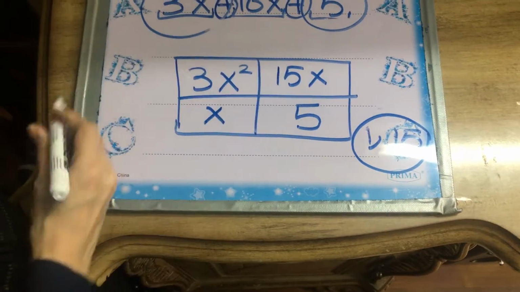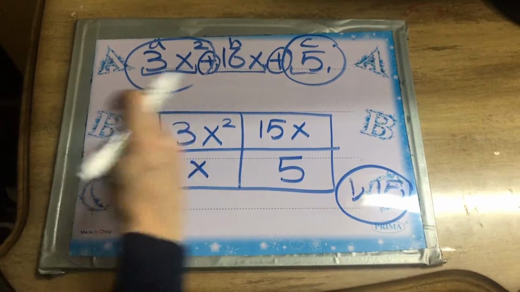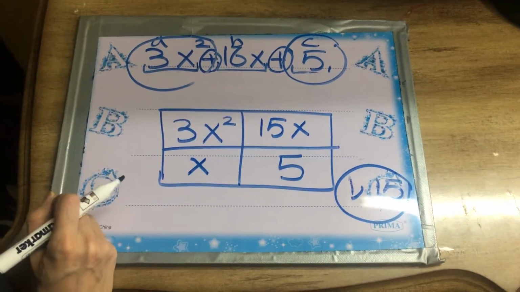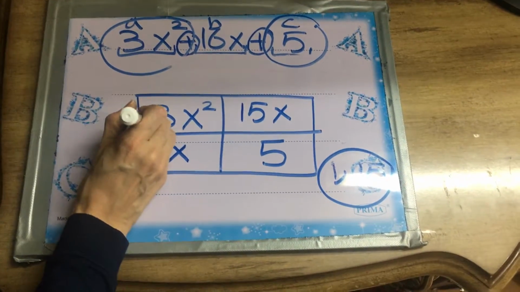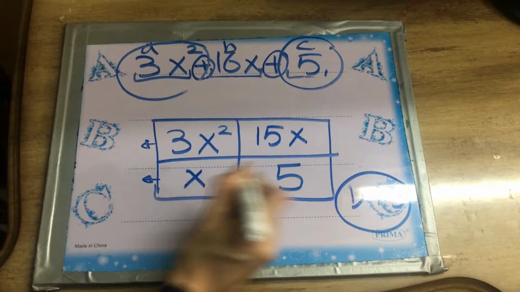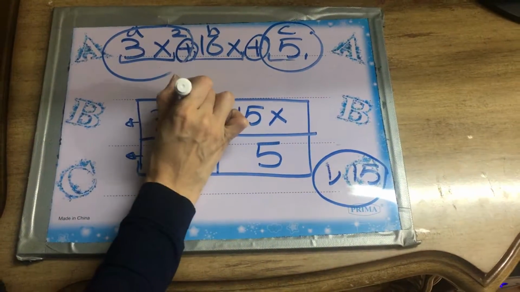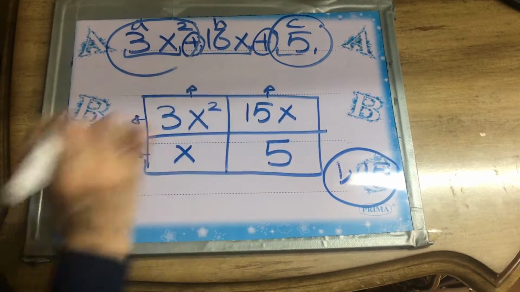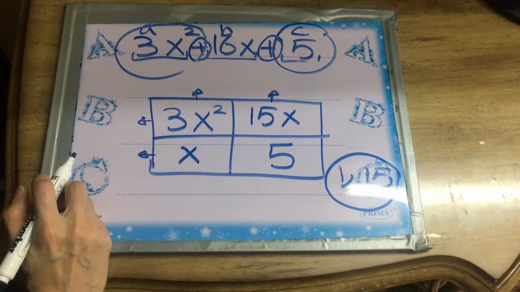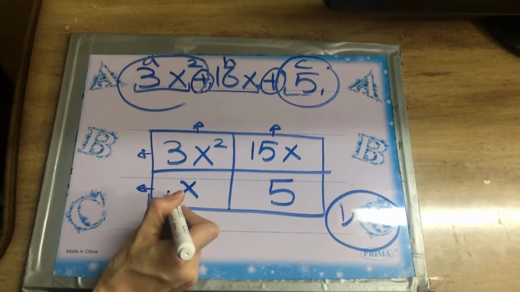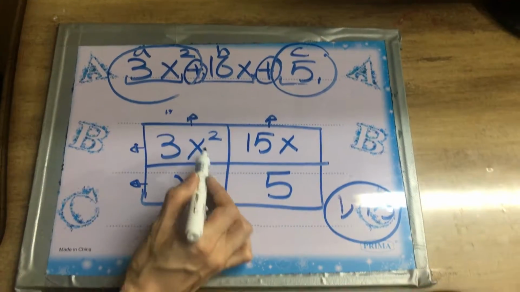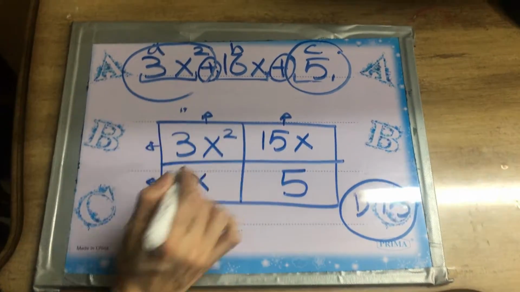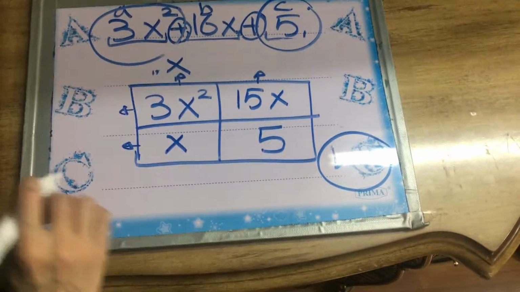Now, in this box, we will factor all the rows and all the columns. We will factor the rows on the right, on the left, and we will factor the columns up. So now let's start. Between 3 and here a number, we have nothing, it's 1. Between x² and x, we have x. 1 times x, it's x.